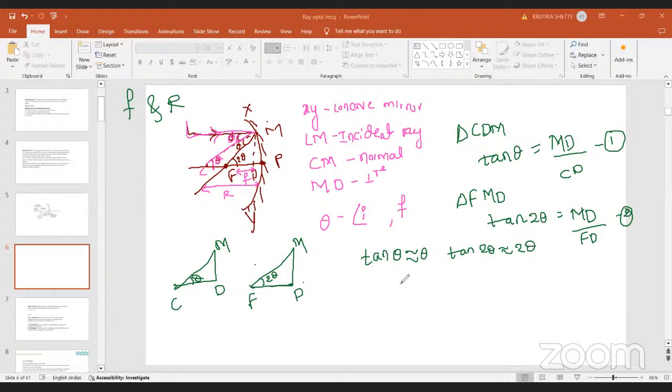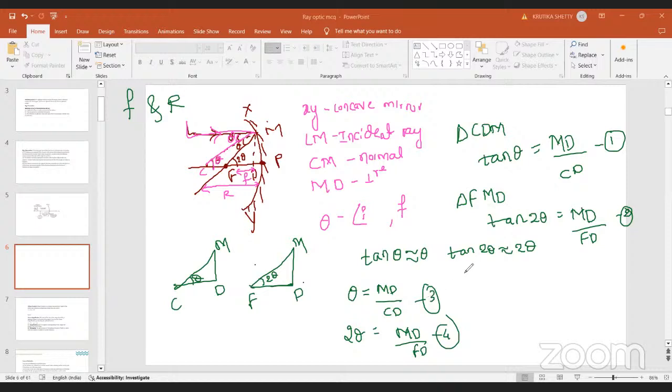As the rays are very close to the principal axis, we can consider the angles to be very small. Therefore equation 1 becomes theta is equal to MD divided by CD, and 2 theta is equal to MD divided by FD. This is equation 3, this is equation 4.